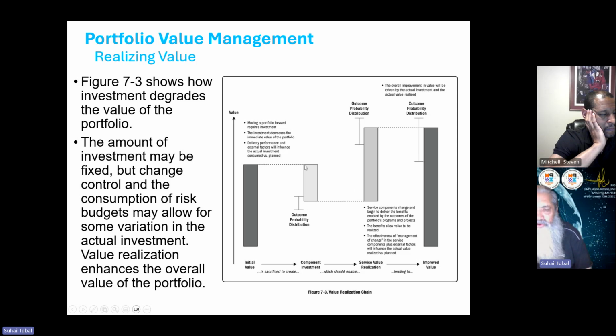Naturally, in between, if the value has gone down, you may have added more, and ultimately you have reached this level, but this improvement is shown by improved value. The value should be more. So you see, value is directly associated with that.